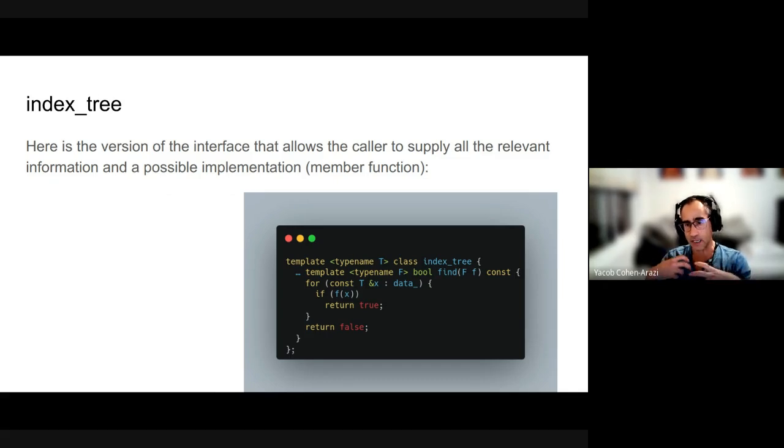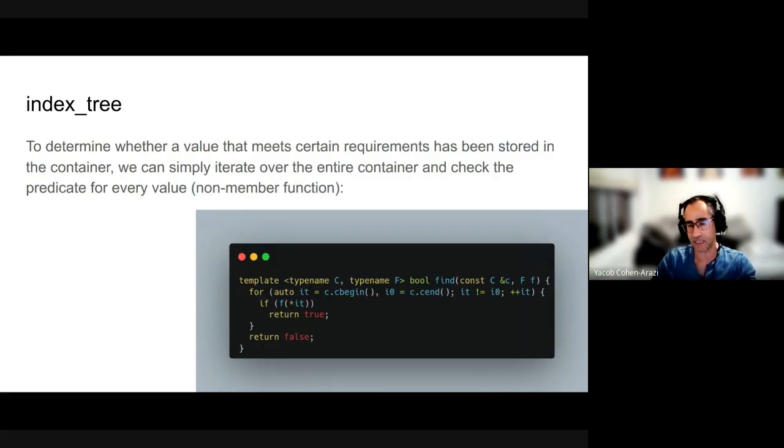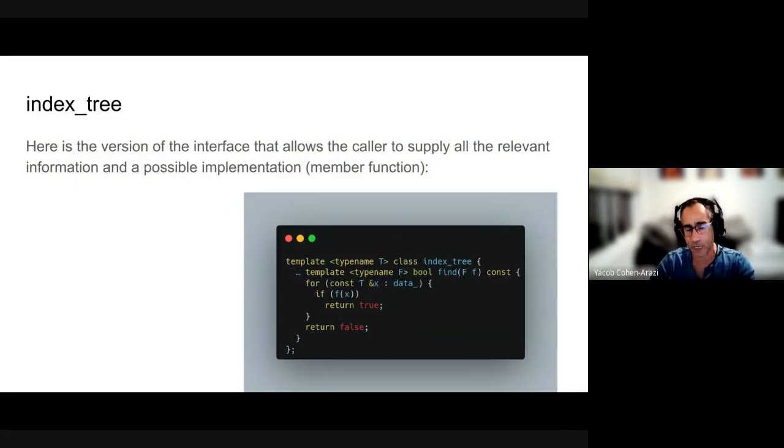Unlike the non-member function, which doesn't know anything, I'm just getting the function and the container or the class that I can iterate over. The member function actually is aware of the internals. So when I say find with the function, the function is doing something, and if I found it, I return true.